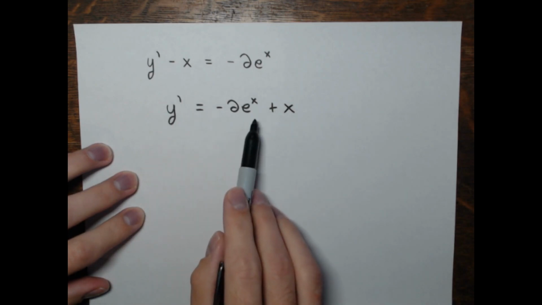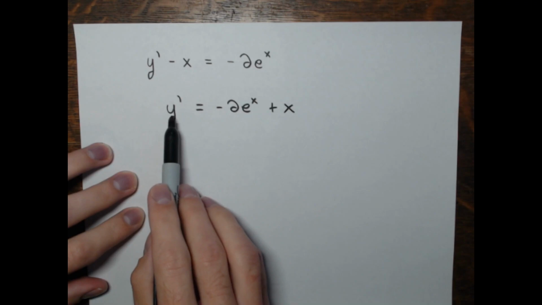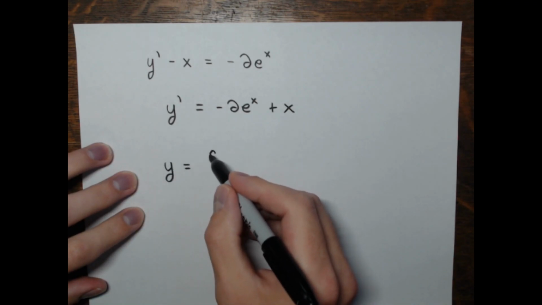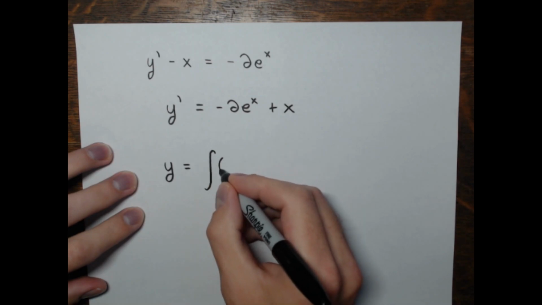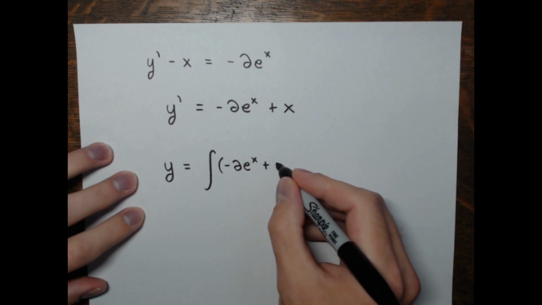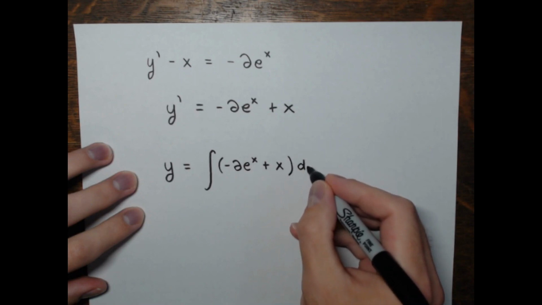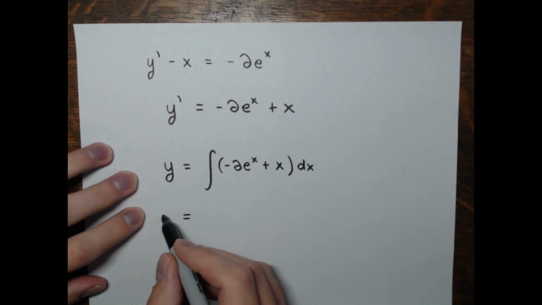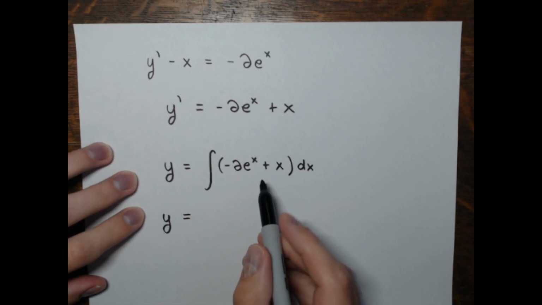And now if I have the derivative of y with respect to x, I can find y itself by doing the indefinite integral with respect to x. This is the integral of -2 e to the x plus x, times dx. Simple enough, these are nice easy terms to integrate.